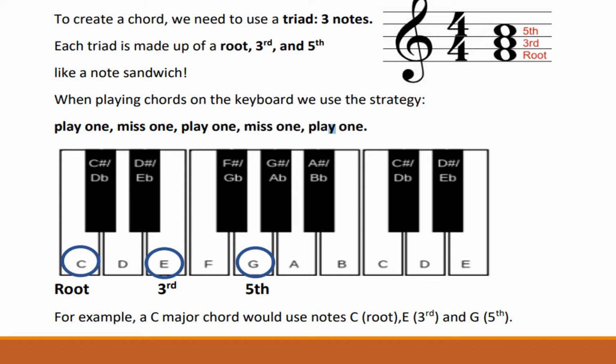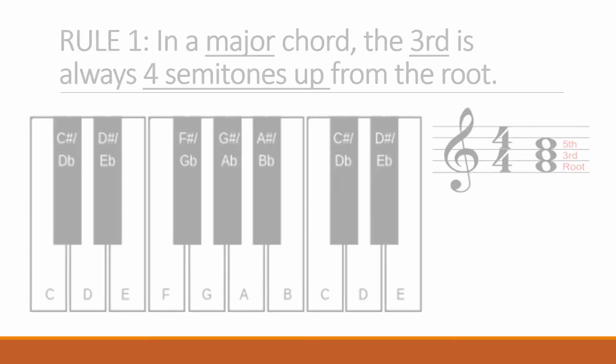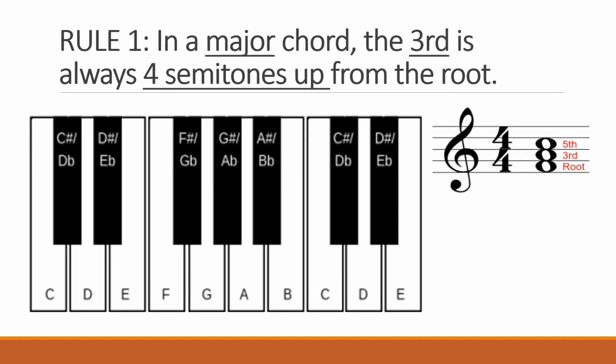So there are 2 rules which we're going to use. The first rule is, in a major chord, the third is always 4 semitones up from the root. So if, for example, I wanted to create a D major chord, I go to my root, which is D. Then I need to count up 4 semitones.